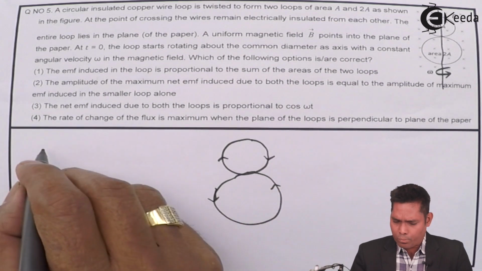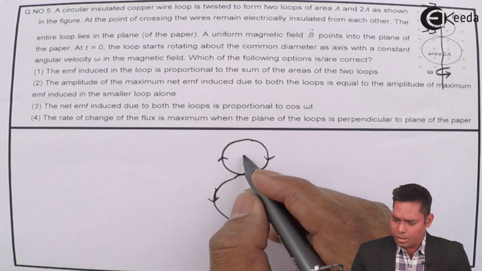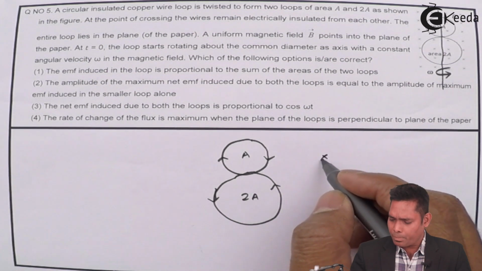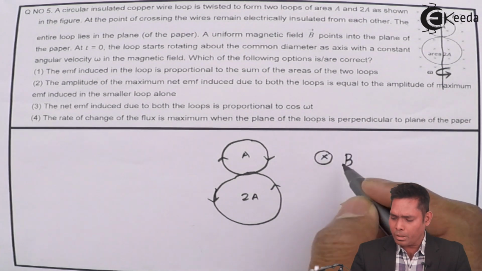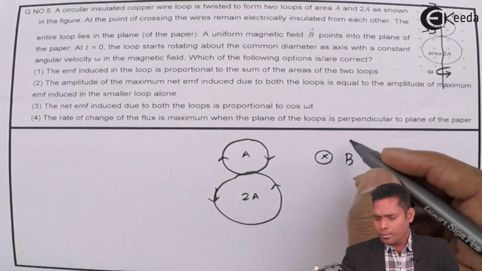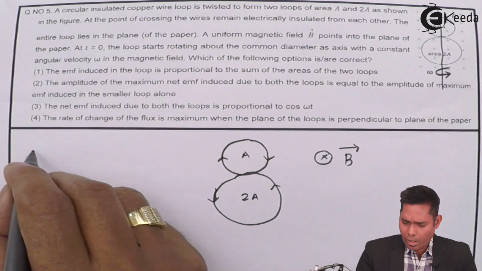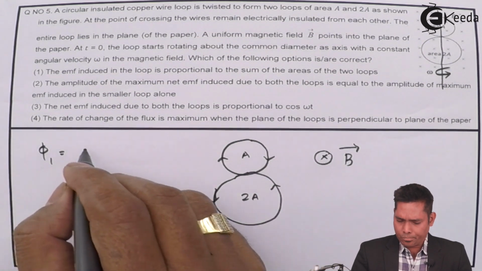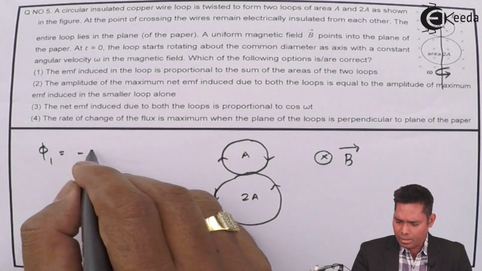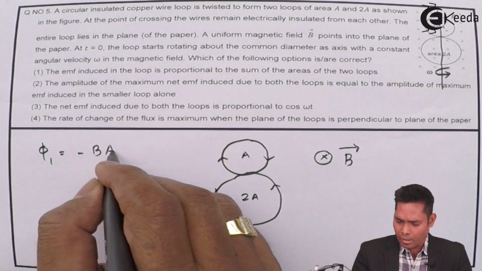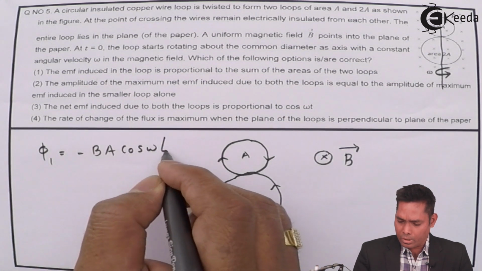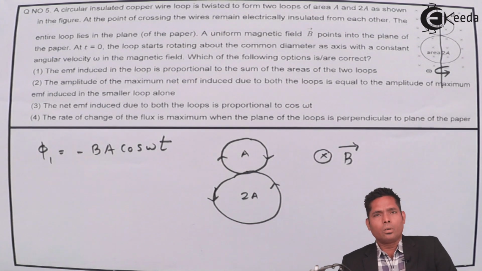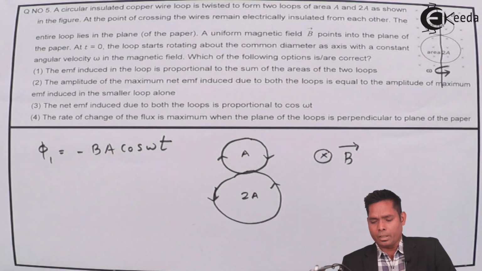That is our choice, whichever one you take. Suppose I want to find the flux for this first loop, which has area A, and this loop, which has area 2A, and the magnetic field is pointing into the plane. I'll write the flux phi 1 in the first loop as minus BA cos omega t.